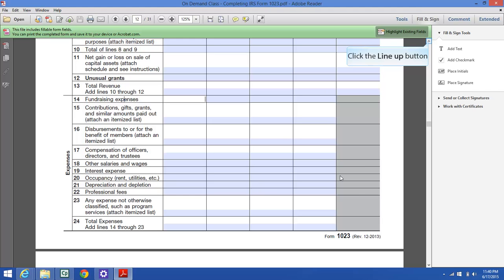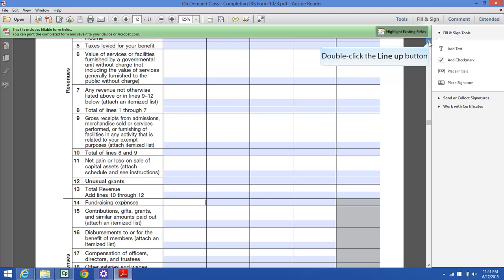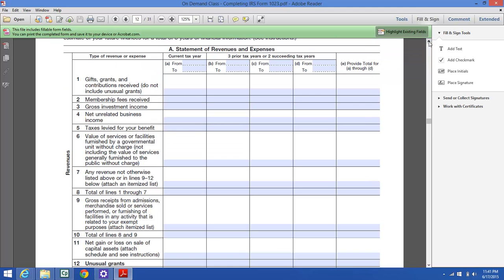Now, I suggest after you've done that, go back up to your revenues because again, you know how much you need, but you don't know exactly where that money is going to come from. So we're going to make some educated guesses on where the money is going to come from.